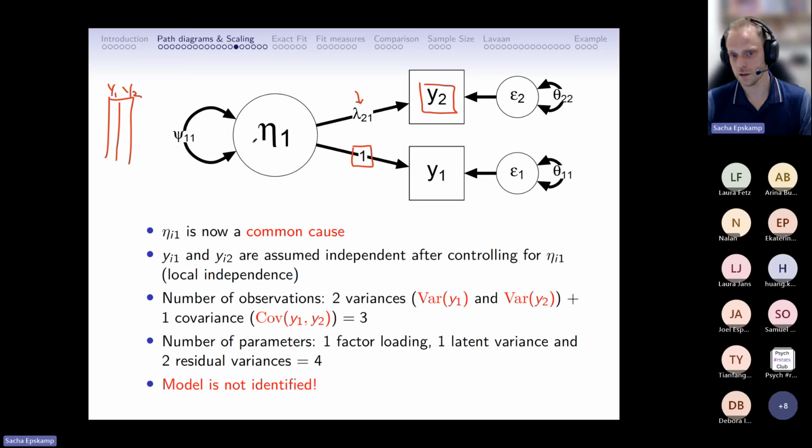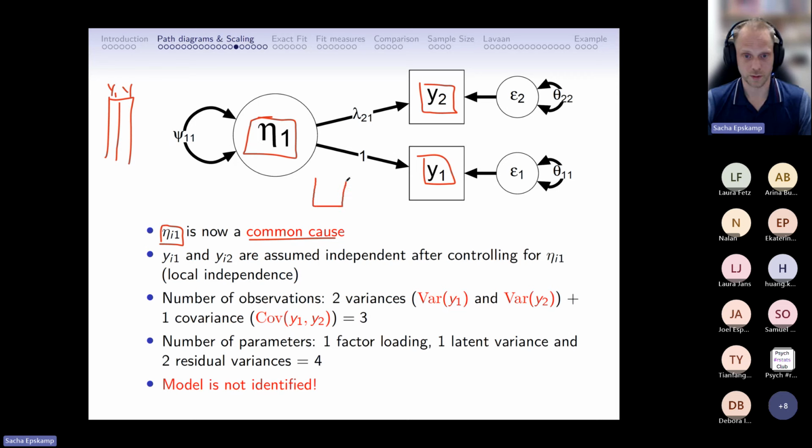All right, so great, we have two indicators. So what can we do now? Now this is a common cause. This factor commonly causes both the first and the second variable. So these might be two questions, right? So this might be depression, and y1 might be sadness, and y2 might be concentration problems or worry, for example. How many observations do we have now?